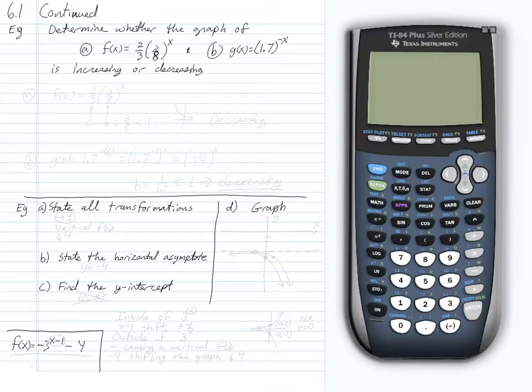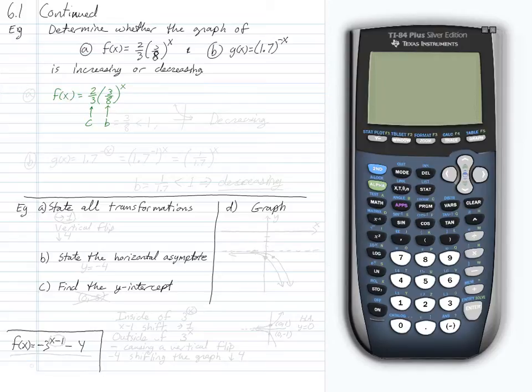So first we have a function f of x equals 2/3 times 3/8 to the x. Now this function I need to recognize as an exponential function. It's not a basic exponential function because here out front I have some constant multiplier c. So we always call the base of the exponentiation b for the sake of the definition.